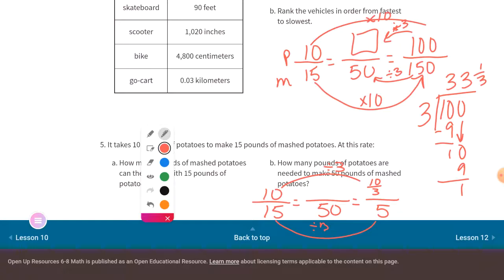How do I get from 5 to 50? Times 10. Can we do 10 thirds times 10? 10 thirds times 10 over 1. What math problem do I still end up with? 100 divided by 3. Same problem we did the other way.